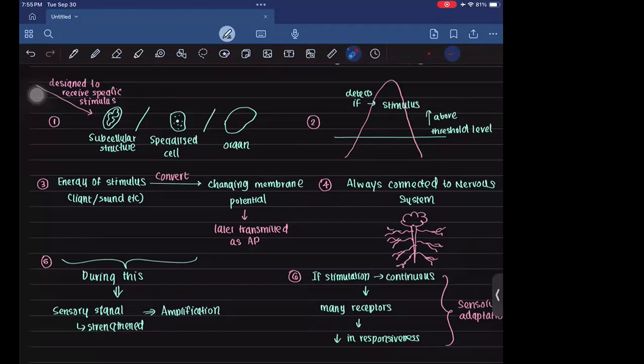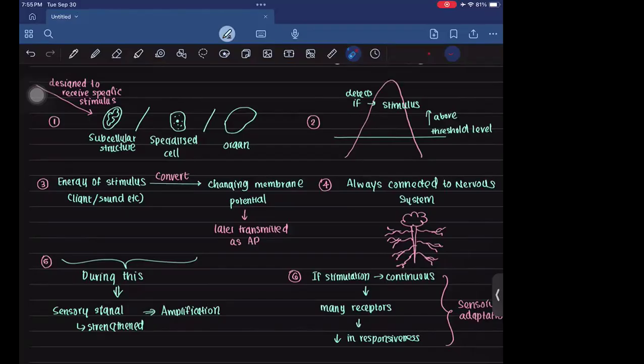How will neurons convey the information? In the form of nerve impulses. So they should convert whatever is being received into nerve impulses, which means changing membrane potential or action potential. They do this by converting the energy of the stimulus into the action potential. That is the third feature of sensory receptors.